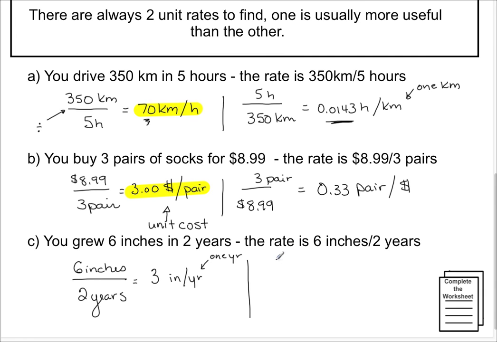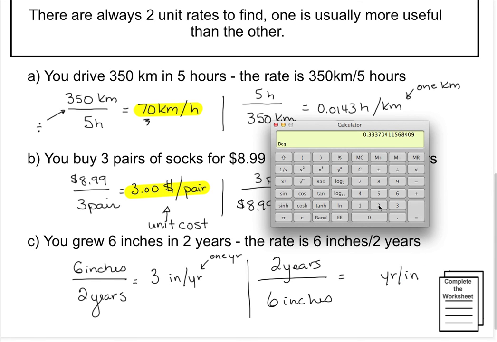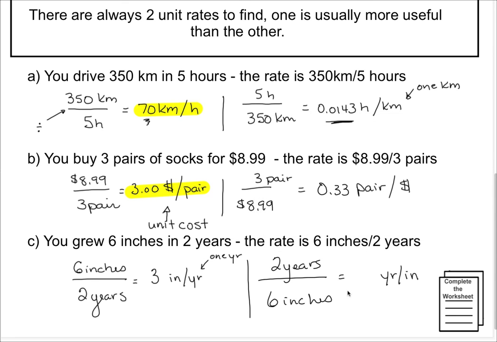Now if I wanted to do it the other way around, I'll put the 2 years on top and the 6 inches on the bottom. What we're going to find there is how many years it takes to grow 1 inch, because we've got the years on the top and the inch on the bottom. 2 divided by 6, we will pull out the handy dandy calculator for that. 2 divided by 6 is 0.33.